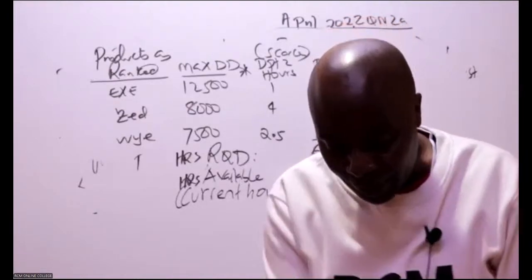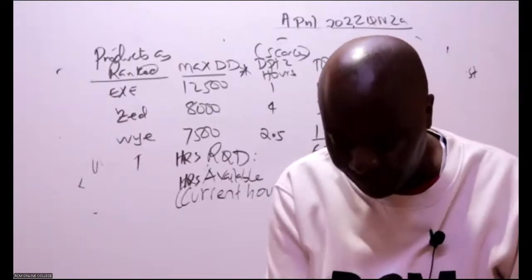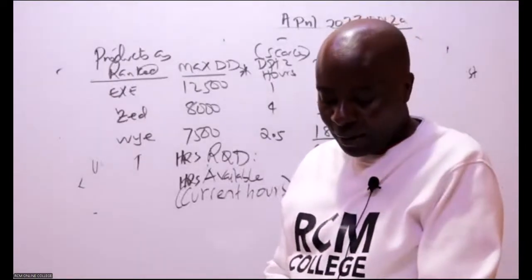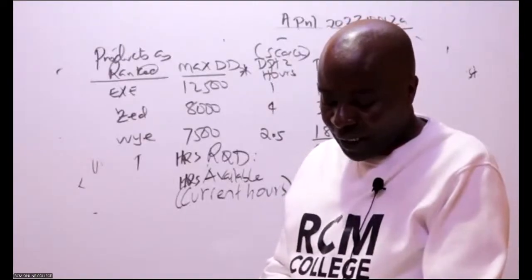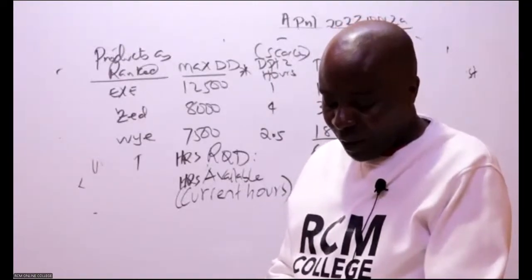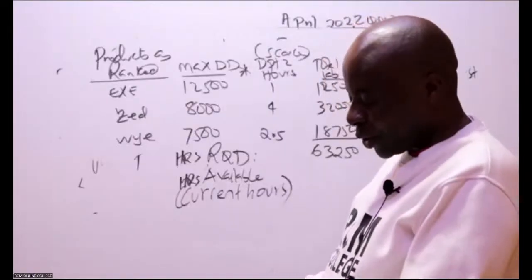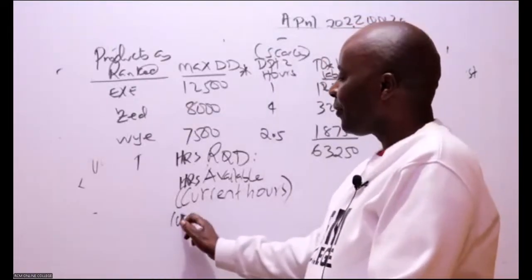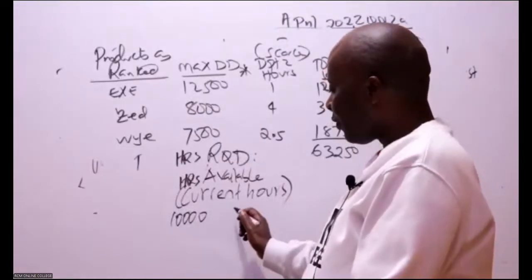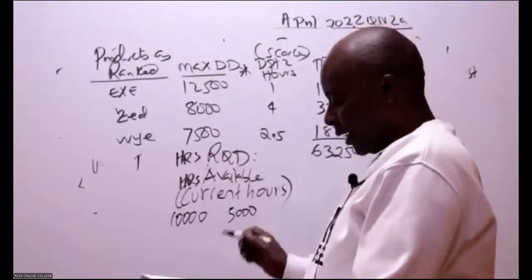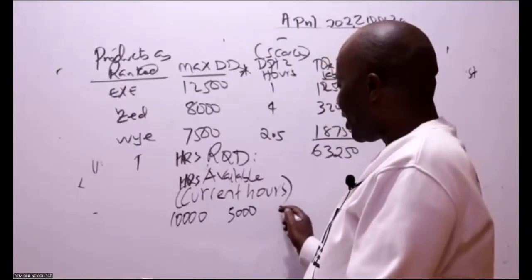That is not a flower. There is a place on top of that table at the very beginning, first paragraph, where they have given you the current production: for X is 10,000, for Y is 5,000, and for Z is 6,000.